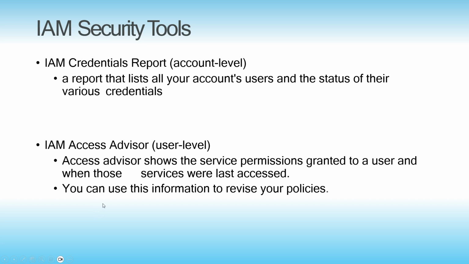So you can audit those things, and use this information to revise your policy, and think about whether this user requires this permission or not. If by looking at this report we see that the user is not going to work on those parts, we can revoke those accesses and remove the policy from their access.